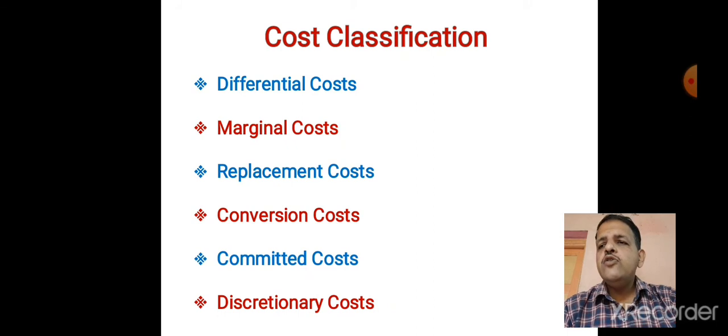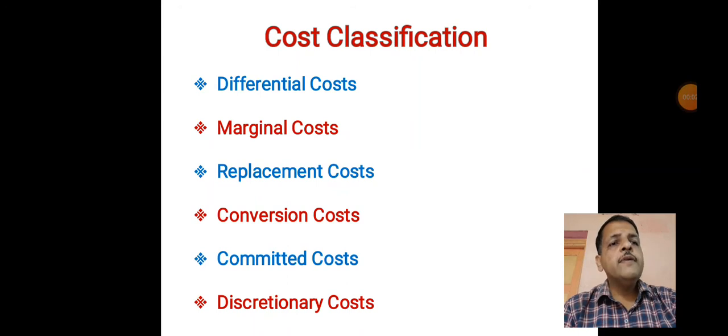It is to be replaced in 2013 for rupees 2,50,000. Now the replacement cost is 2,50,000. So whatever cost we incur for replacing our old asset is known as replacement cost, and this replacement cost is nothing but the present or current purchase price of an identical asset which is replacing our old one.